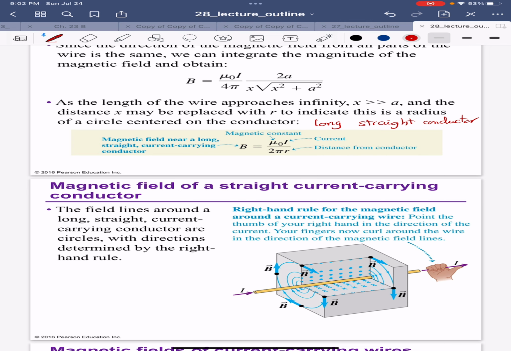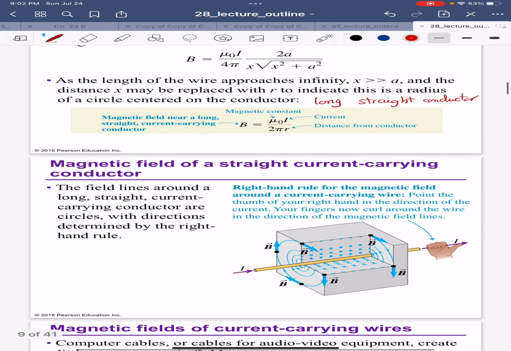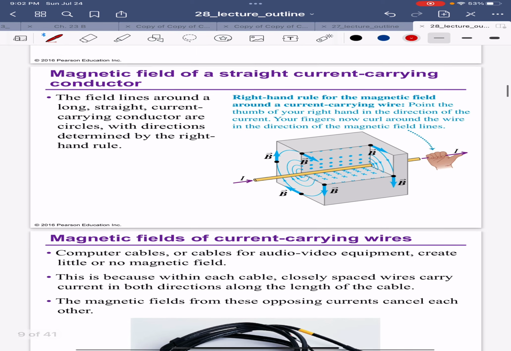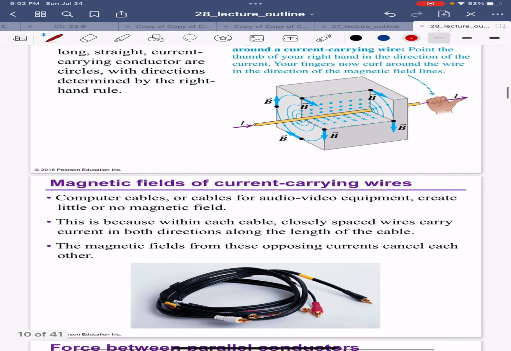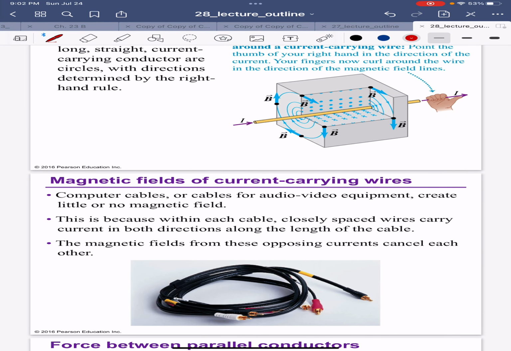Again, using the right hand rule, as we said, we can find the directions by having the thumb pointing in the direction of I, and then we curl the fingers in the direction of the magnetic field. Now, of course, computer cables or cables for audio video equipment create little or no magnetic field.